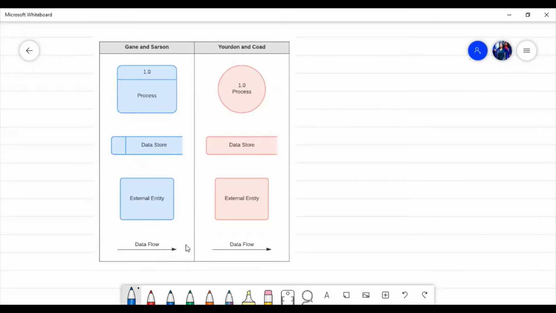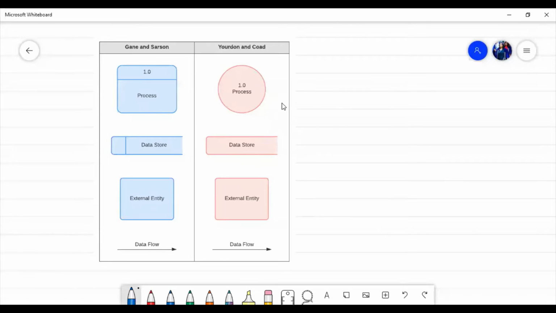And in Yourdon and Coad, this is how we are representing a process and a data store and the external entity and the data flow. Here, what I'm going to use is Gane and Sarson symbols. It's all right.